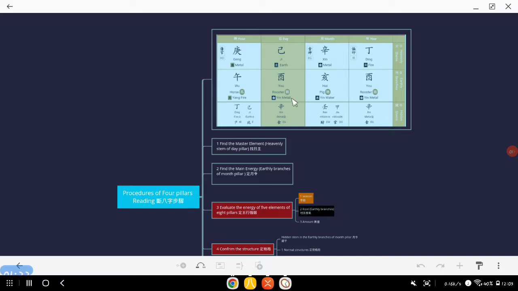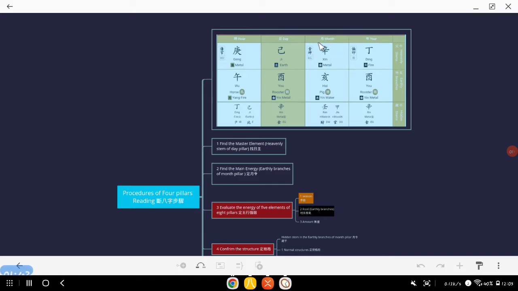And second, we gotta find the energy spot. That means the element that gets the most energy from this big environment, or you can say the environment or the season that this person was born in.